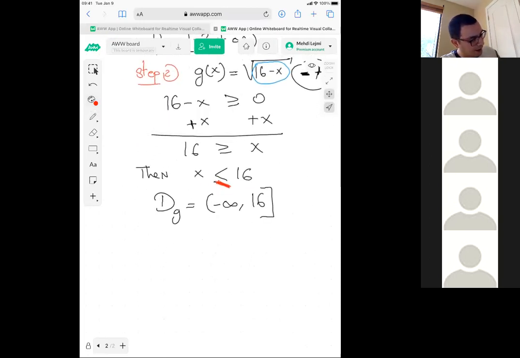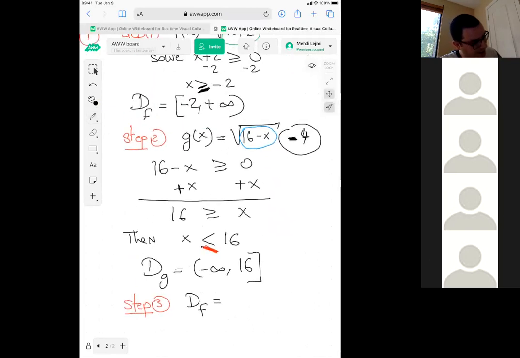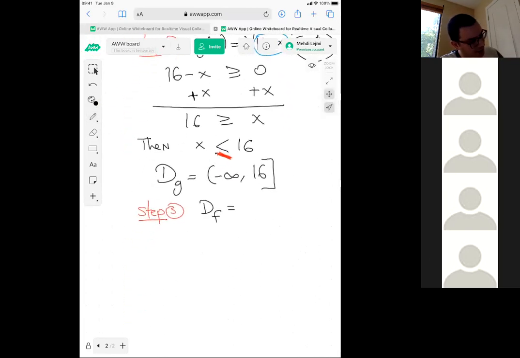All right, so we got the domain of f, we got the domain of G, so now we can find the intersection domain. From step one, domain of f, we said it's -2 to positive infinity. Domain of G is negative infinity to positive 16.